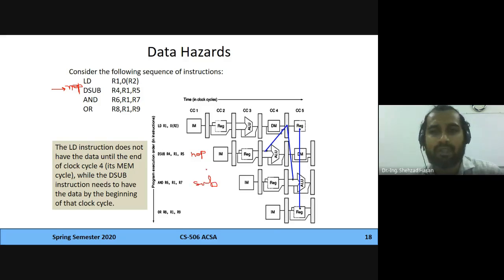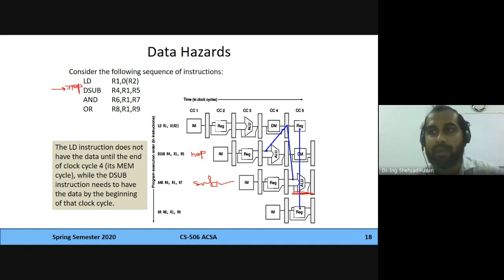It's going to increase the CPI, and also result in lower cache hits because of the additional no-operation instructions. But the subtract is then going to have its ALU in the fifth cycle, and that result can be forwarded using MEMWB to ALU forwarding, and then the subtract can go fine.